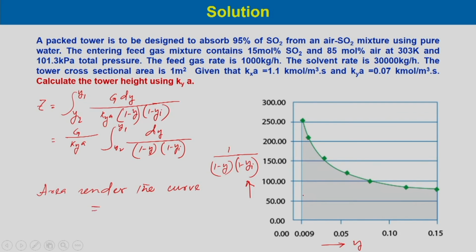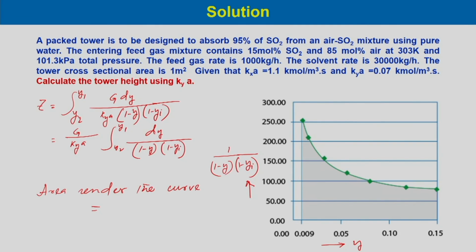Many methods you have learned: the trapezoidal rule, Simpson's 1/3 rule, Simpson's 3/8 rule. You can use any one of them, looking into the pattern of the plot. Typically, the area under the curve would be 16.5.